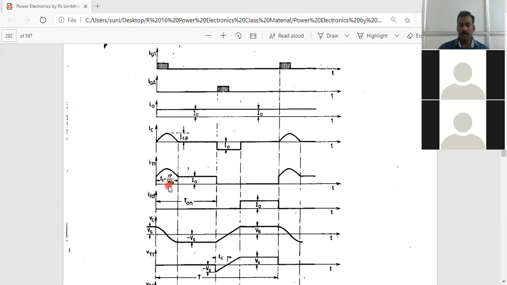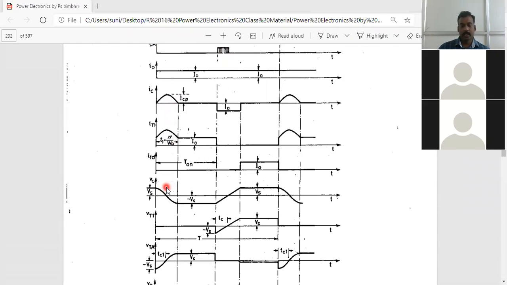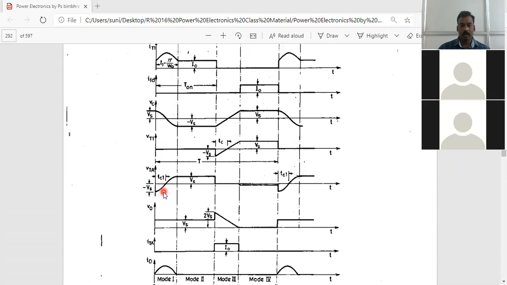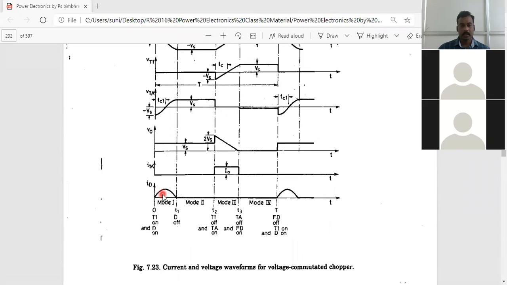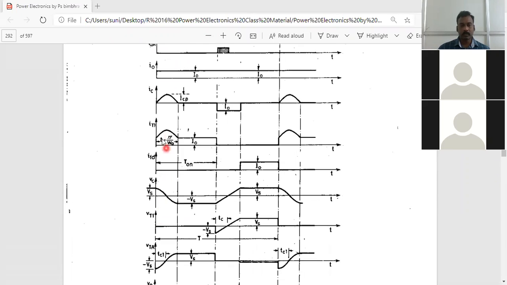Then consider this current IT1. The thing we need to observe is the load current. Suppose it is a constant current; this load current is going to be I naught.